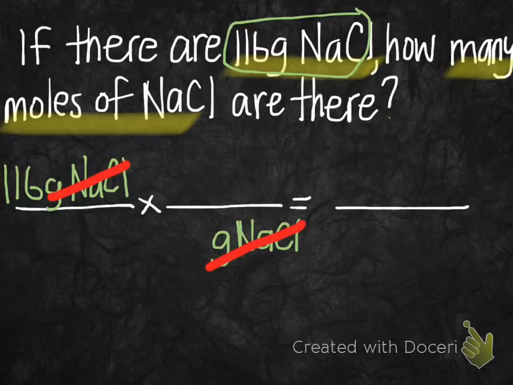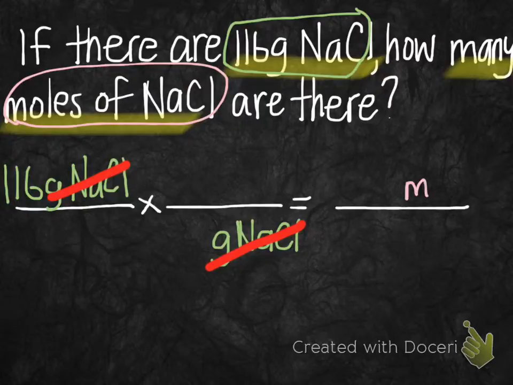Next, we're going to figure out what we want to find. Now it says how many moles. So that is what the question wants us to find. We write that after the equal sign: mole NaCl.